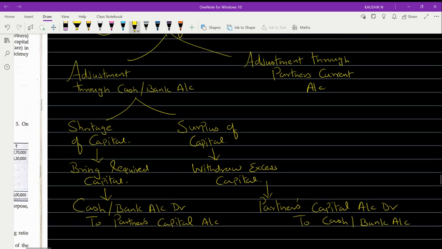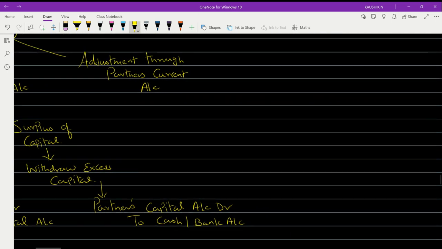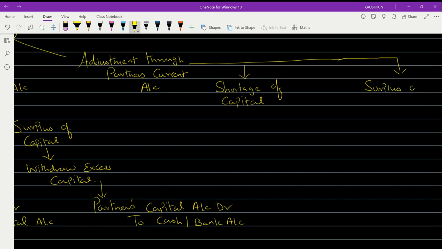Okay, thank you. The second one is where you route the adjustment through the partner's current account. Here also you have two different scenarios. One, you will have a shortage of capital, and the second one is a surplus of capital.